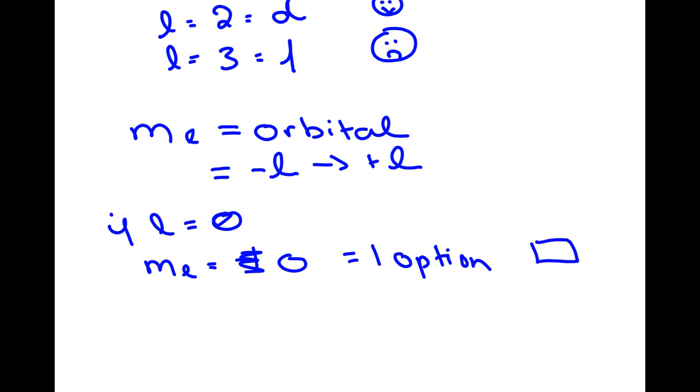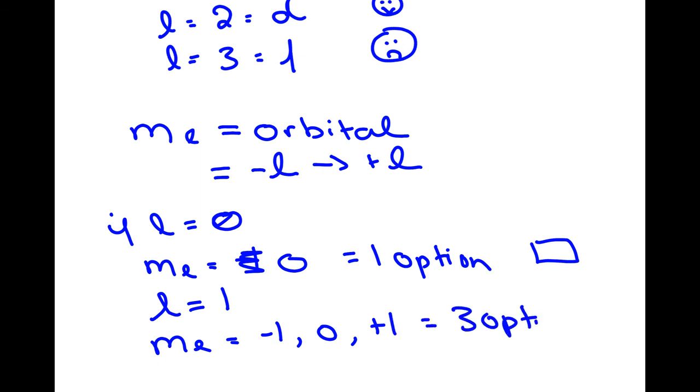If L equals 1, then your ml can be -1, 0, or +1. So that's three options. So when you draw that subshell, it's going to have three orbitals. Each of these orbitals is going to have a number associated with it. By convention, we say the left one is -1, then 0, and then +1.